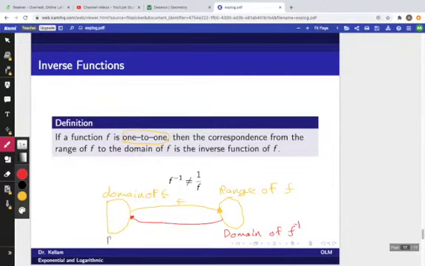This is the range of f inverse. So the reason that the function has to be one-to-one for an inverse function to exist is because the range became the domain. And that's going to be something that's going to actually help us out in a little bit.